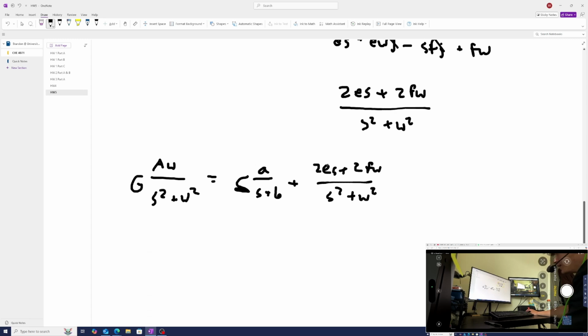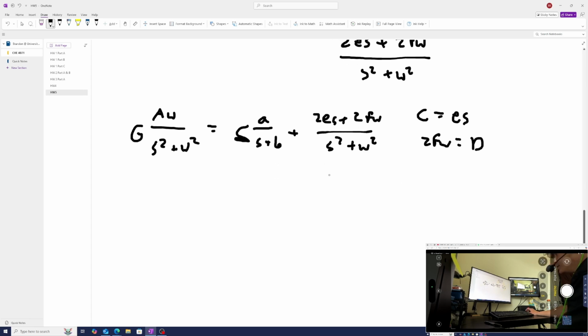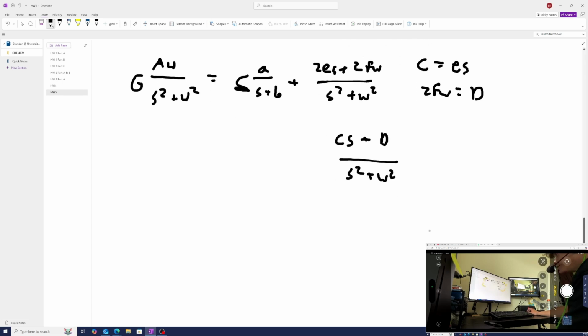We know that our E is just a number, and so is our F and our omega. So we can represent our 2ES as C, and our 2FW is equal to D, giving us CS plus D over S squared plus omega squared.